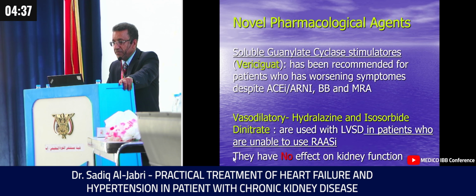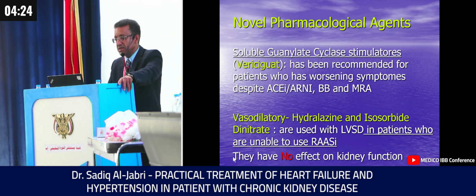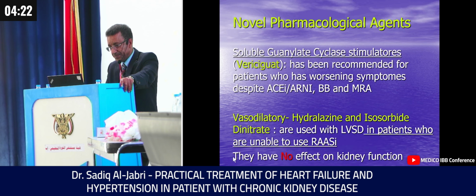And we have novel pharmacological agents, the soluble guanylate cyclase stimulators, vericiguat. They are effective when patients have worsening symptoms despite ACE inhibitors, ARNIs, beta blockers and MRAs. We can use them, but with a limitation at CKD 3. When the patient has an estimated GFR less than 30, we have to avoid it.